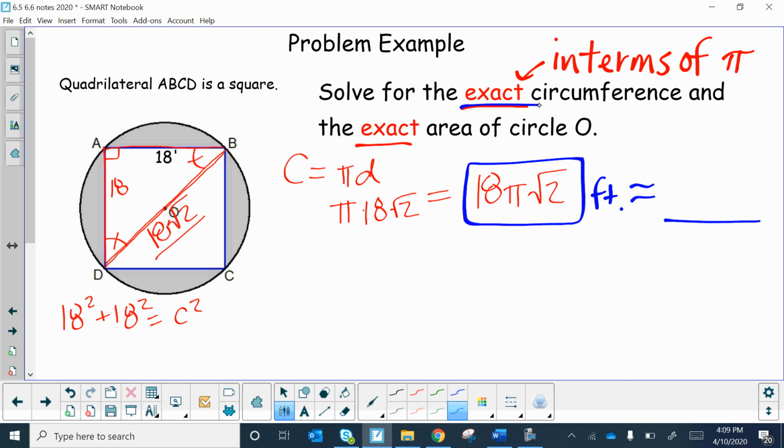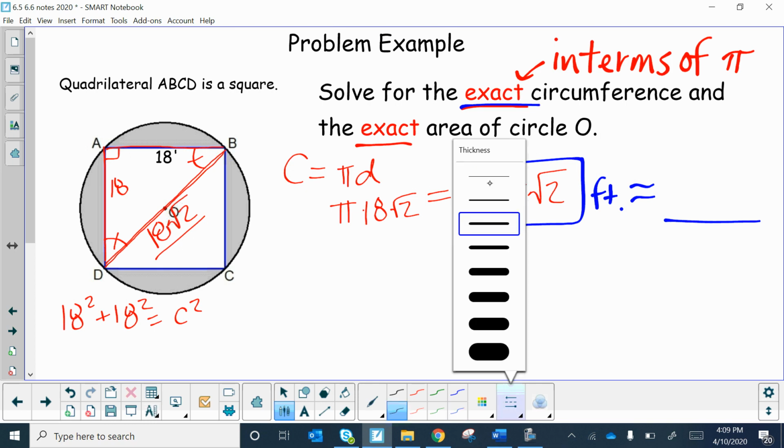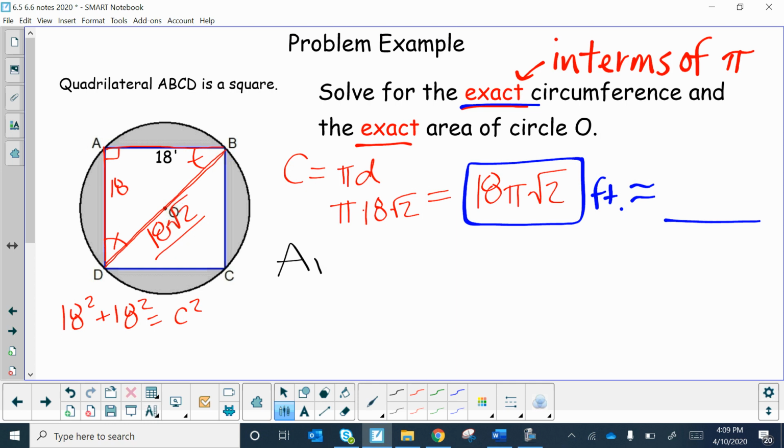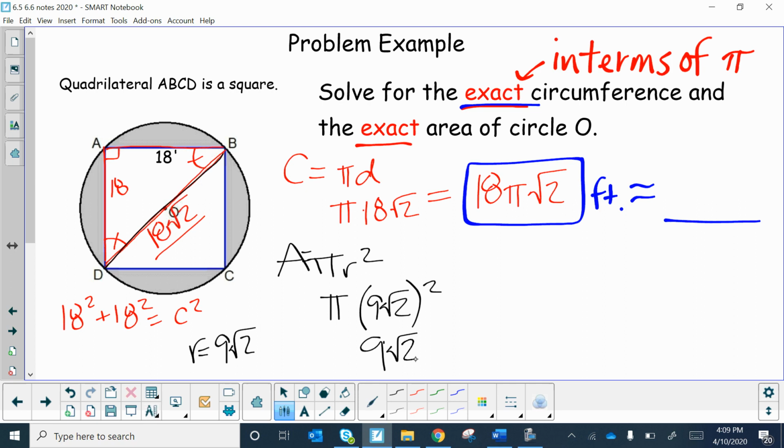Okay, let's try that with area now. For area, we have pi r squared. So what is r? If the diameter is 18 radical 2, then that means r is 9 radical 2. So we're going to plug in pi times 9 radical 2 squared. Think of 9 radical 2 squared the same thing as 9 radical 2 times 9 radical 2.